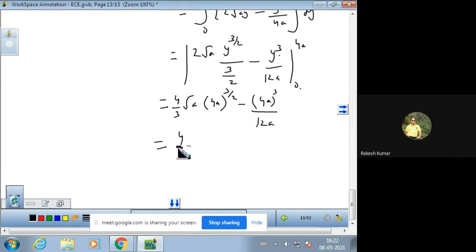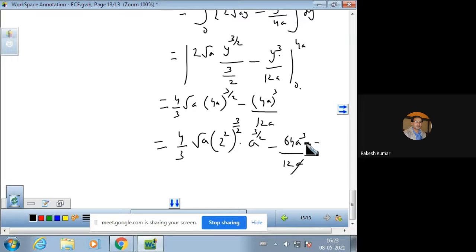Now we solve 4 by 3 square root a separately. 4 can be written as 2 square raised to power 3 by 2 into a raised to power 3 by 2, minus 4 cube is 64 a cube over 12a. 1a is cancelled, and 4 threes are 12 and 4 16s.